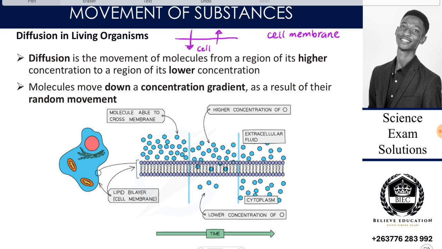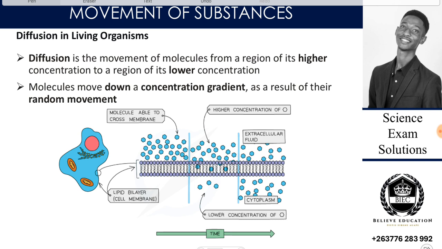Since it is movement of substances, in this lesson we want to focus more on that movement, and on what the key things are that we are supposed to take note of. So let's go to our notes.